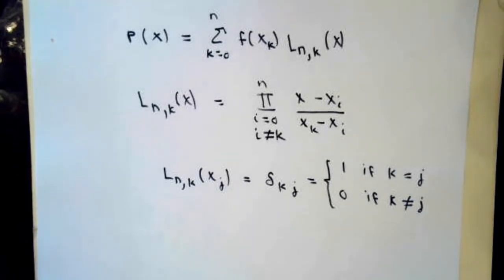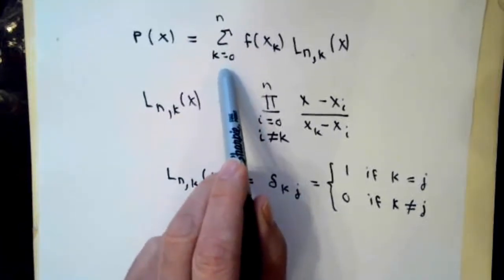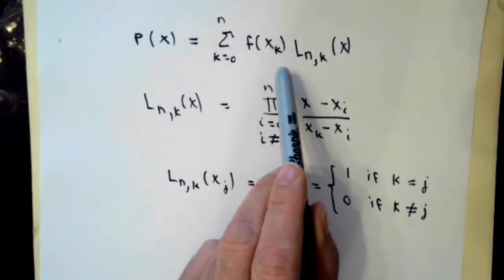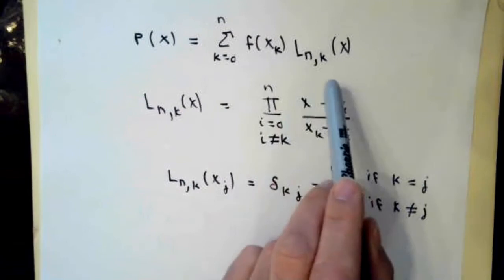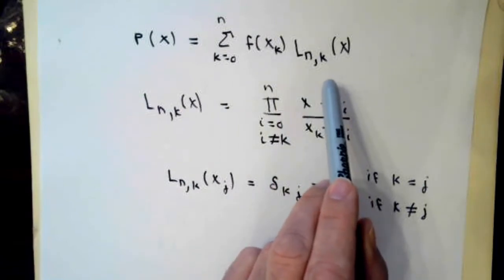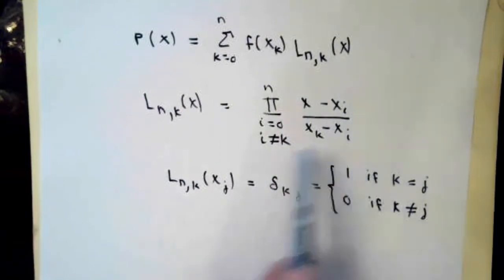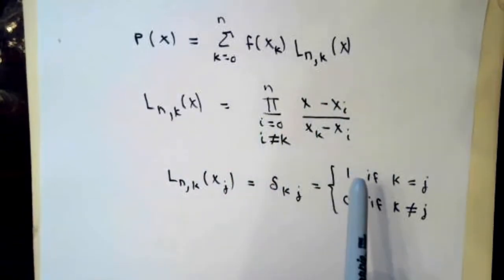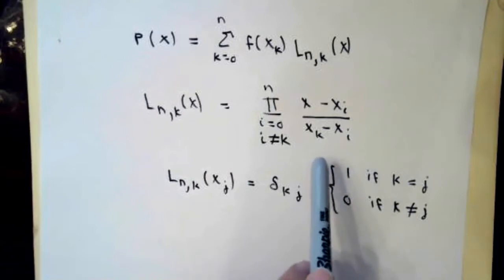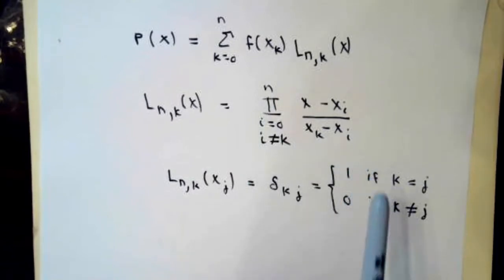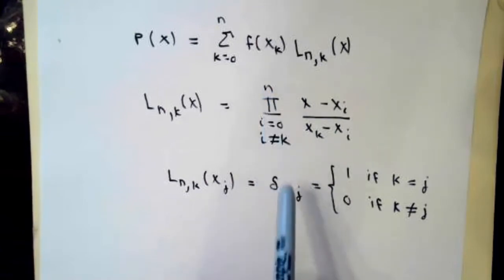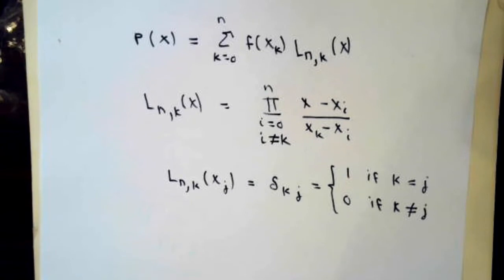The polynomial that we want is the sum k equals 0 to n of the function value number k times one of these Lagrange polynomials, L n comma k of x, where L n comma k of x is the product of x minus xi over xk minus xi, for all i from 0 to n, except I have to leave the i equal k factor out.